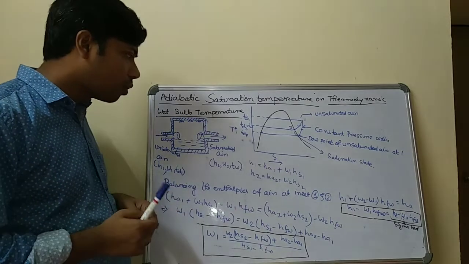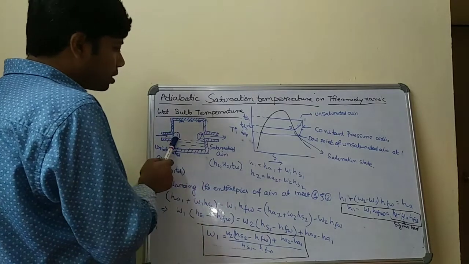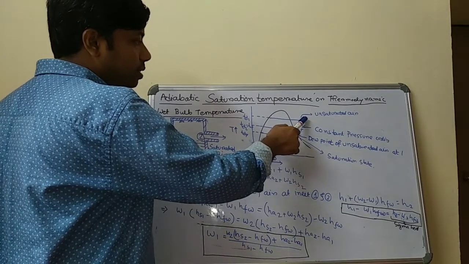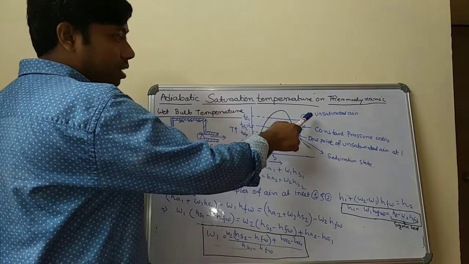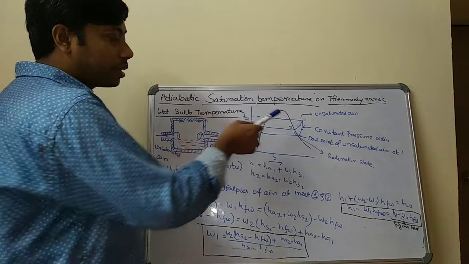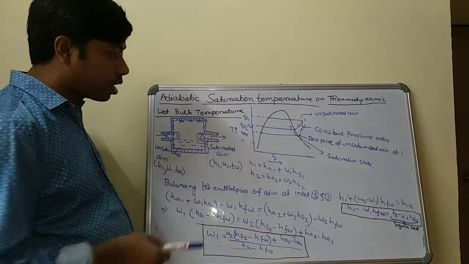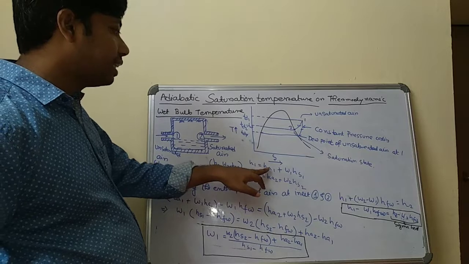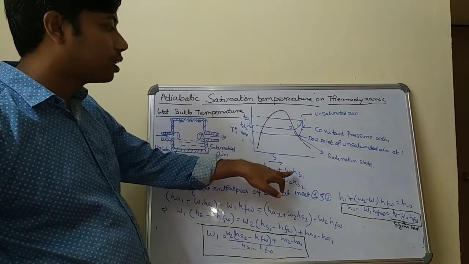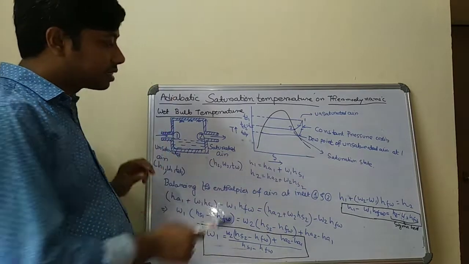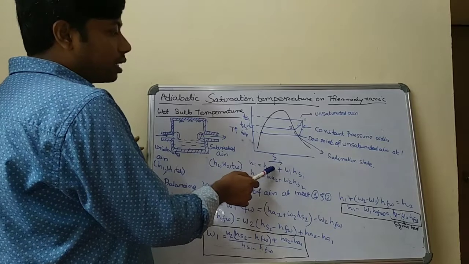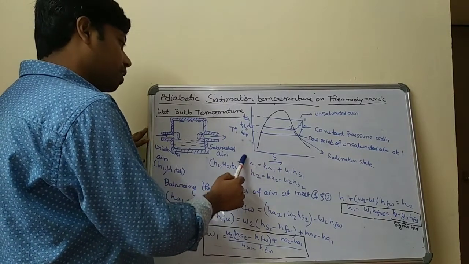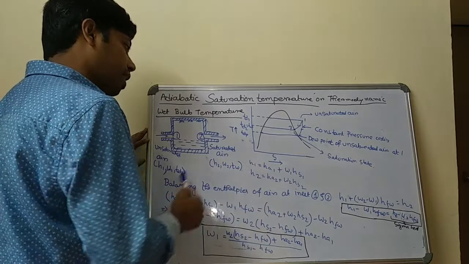As you know, H1 is basically the enthalpy at section 1. The enthalpy at section 1 is obviously unsaturated, and also the superheated condition. So H1 you can write as HA1 plus W1 into HS1. H1 indicates the enthalpy of unsaturated air.